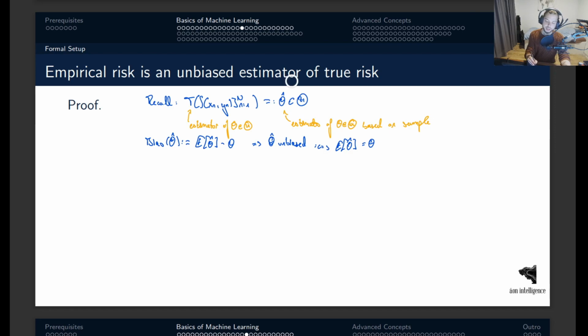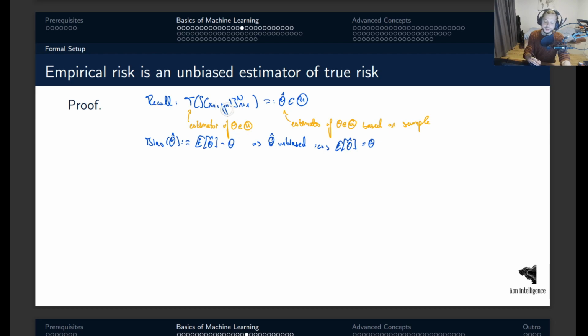An unbiased estimator is an estimator that produces an unbiased estimate of the parameter that you want to estimate. The bias of an estimate theta hat is defined as the expectation of that estimate minus the parameter you're trying to estimate. And we have the expectation of that estimate because the estimate is a random variable, because it depends on the input argument of t, and the input argument is a dataset which is drawn from the data generating process, and therefore the dataset is a random variable.